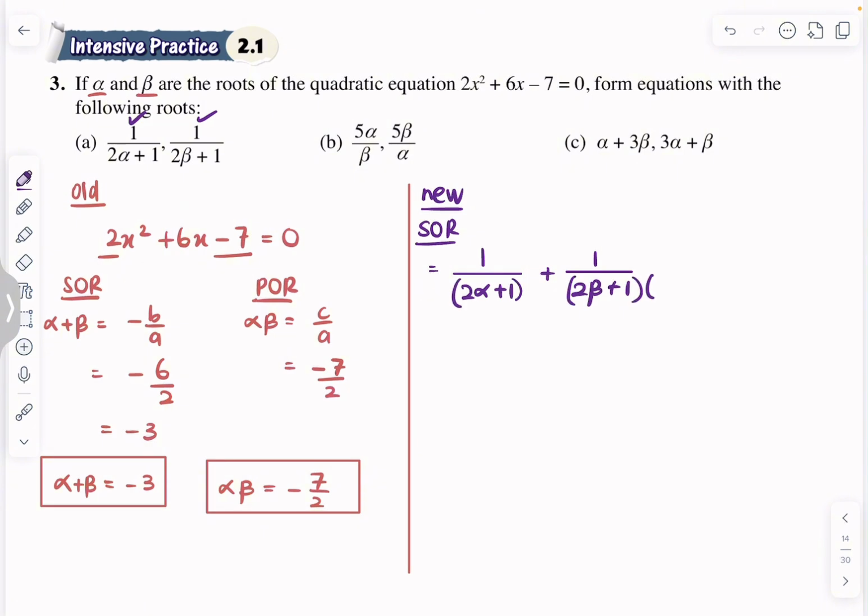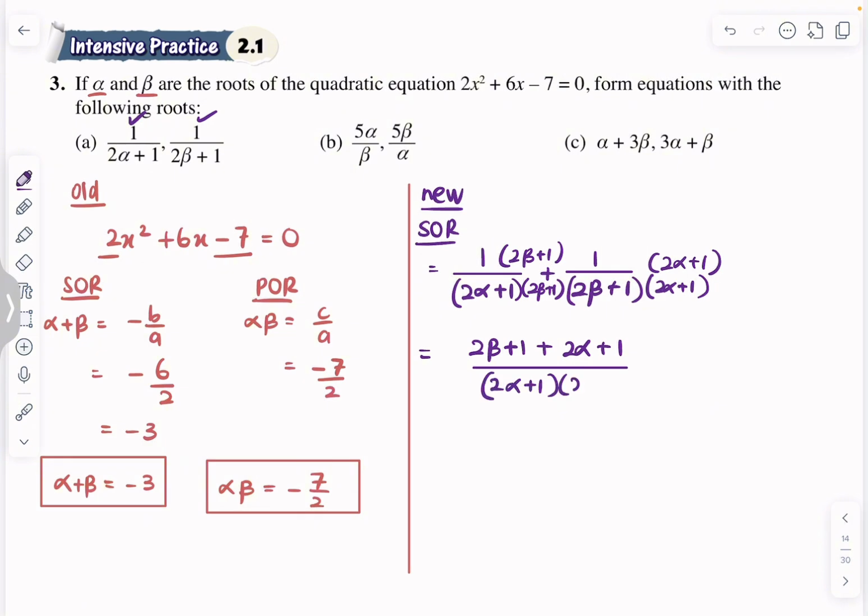This side we times 2 alpha plus 1, this side we times 2 beta plus 1. So we get 2 beta plus 1 plus 2 alpha plus 1, over 2 alpha plus 1 times 2 beta plus 1.